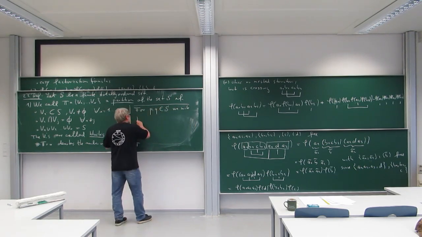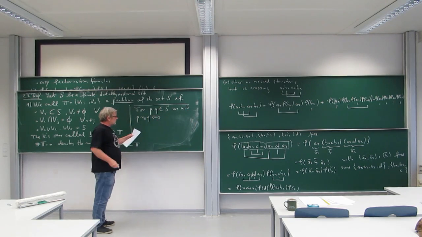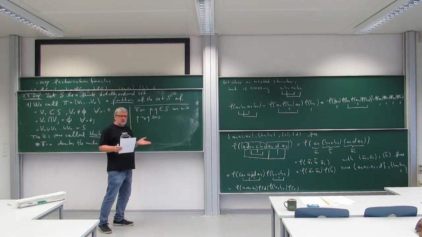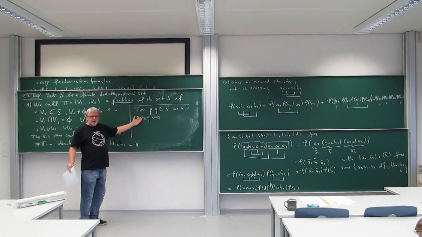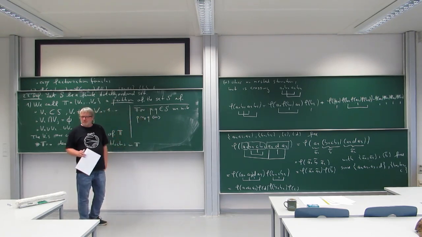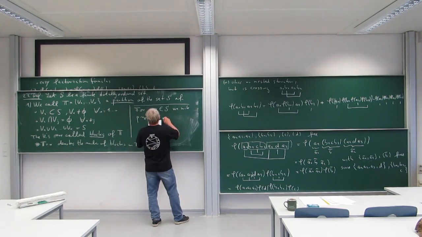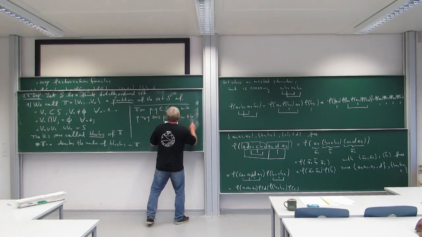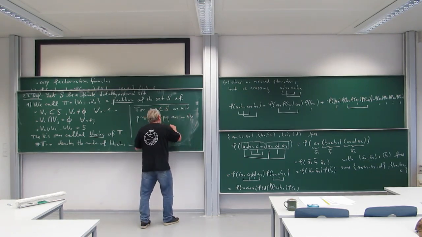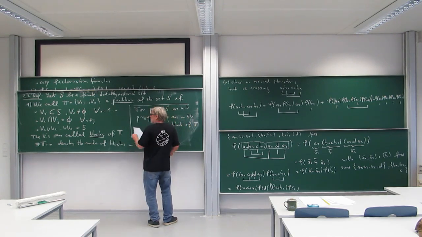We write this as p ~ q with pi. This is just a notation for the fact that p and q are in the same block of pi. So you can also see pi as an equivalence relation.